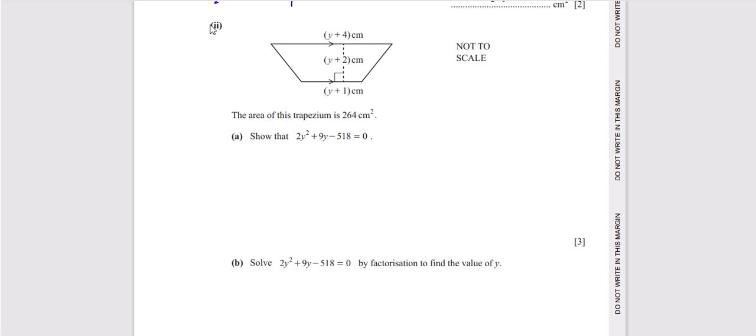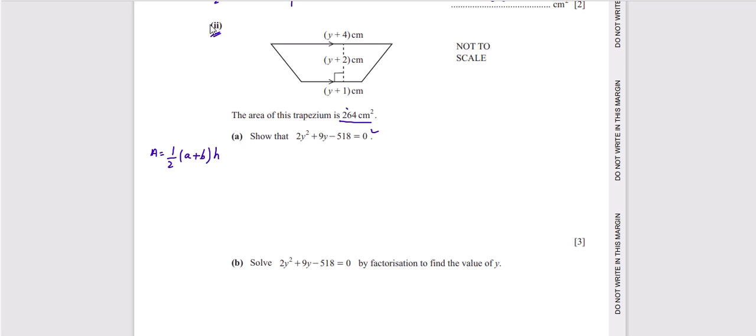Part 2. The area of the trapezium is 264 centimeter squared. Show that 2y squared plus 9y minus 518 is equal to 0. Using the formula, first of all write the formula. Area is equal to 1 by 2 into (a plus b) multiplied by h.